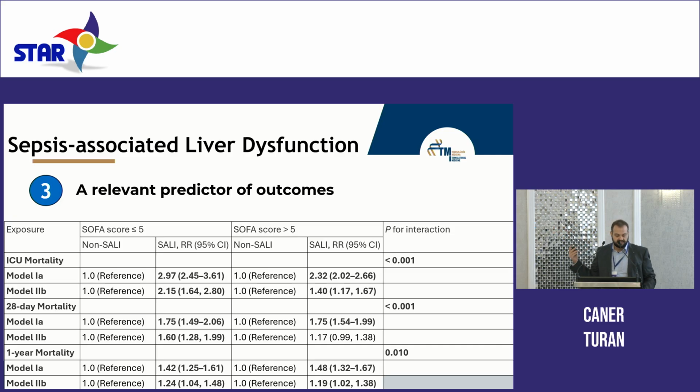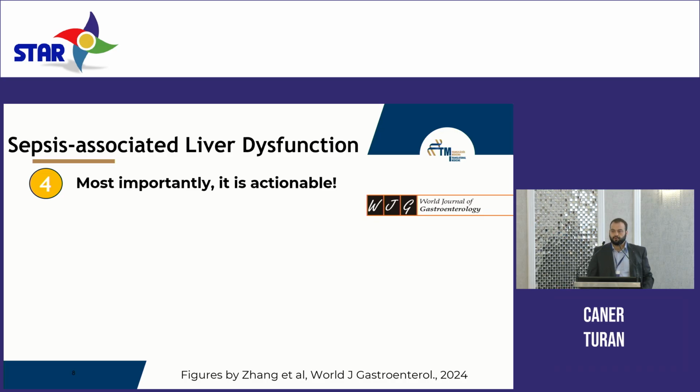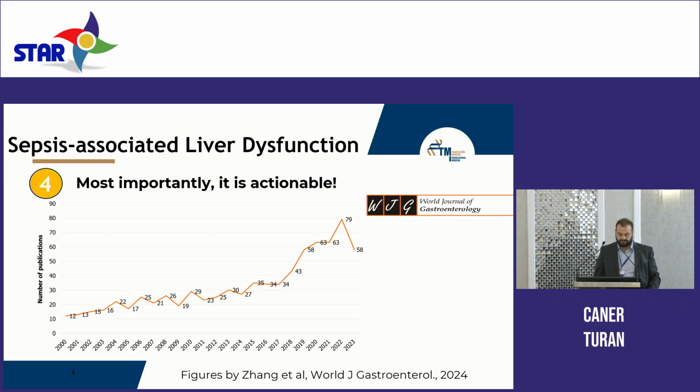You can see here that even when the patient cohorts are matched with baseline characteristics and disease processes, liver dysfunction remains an independent predictor of mortality. But most importantly, sepsis-associated liver dysfunction is actionable, which means we can do something about it, but also we should do something about it.